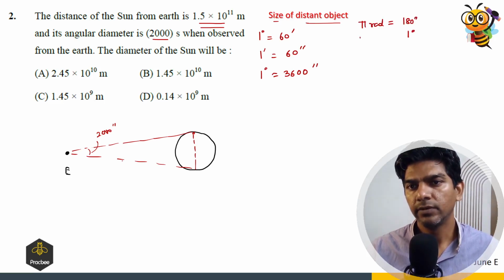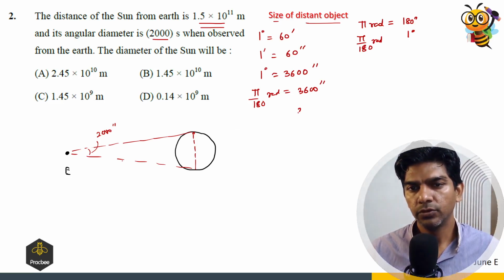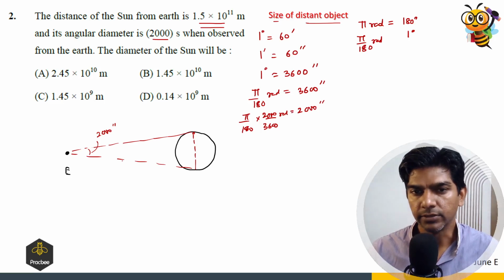So 1 degree is equivalent to pi by 180 radian. So pi by 180 radian is equivalent to 3600 arc second. Here we are given angular diameter in arc seconds. So 2000 arc second can be written as pi by 180 times 2000 divided by 3600 radian. So like this we can convert arc seconds into radians.